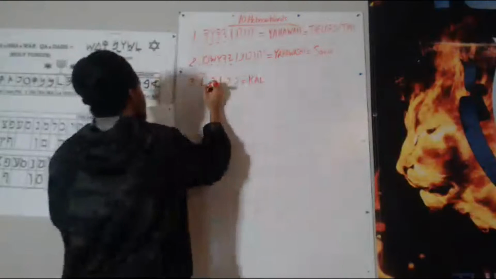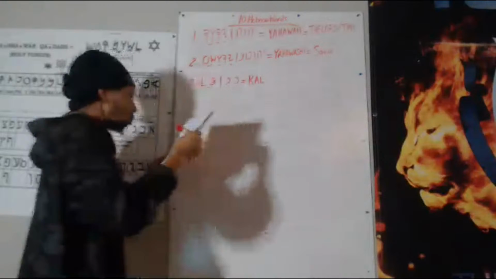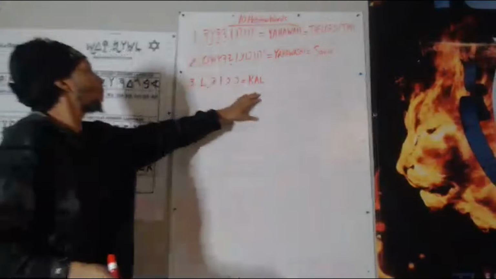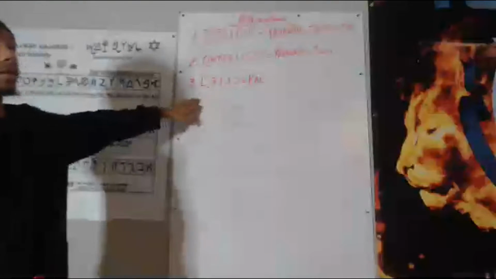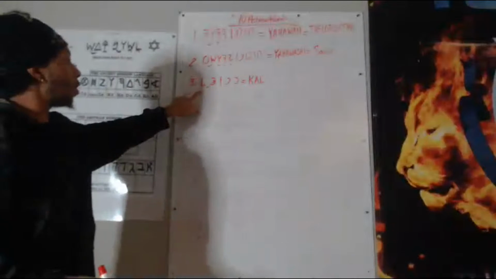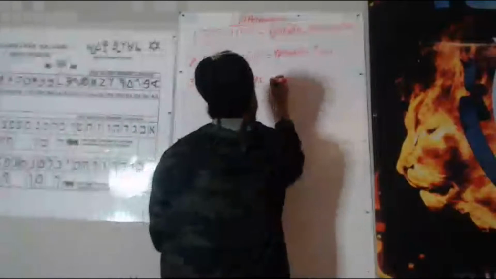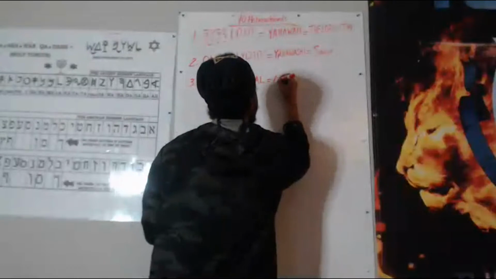All right, this right here is going to be called. We got the ka and the la connects together. It's going to be called. All right, that's what it is called. Ka. And this is what it means right here.